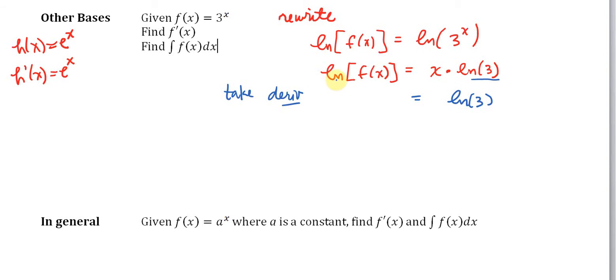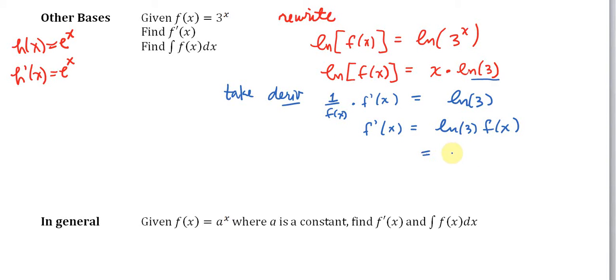Over here, the derivative of natural log of a function is 1 over that function times the derivative of the inside, which is f prime, right? And then we're going to rewrite everything again and say that f prime of x is equal to the natural log of 3 times f of x. So multiply both sides by f of x.